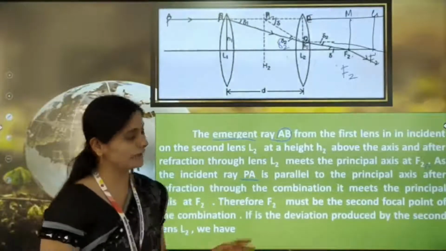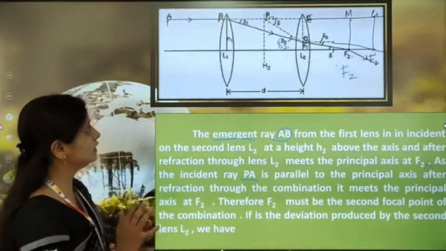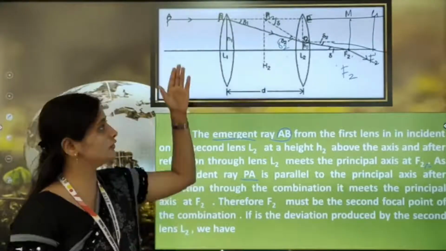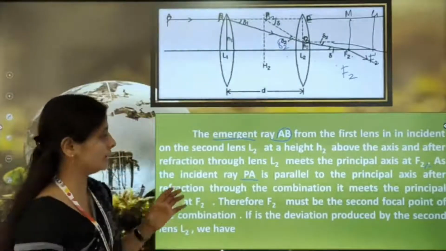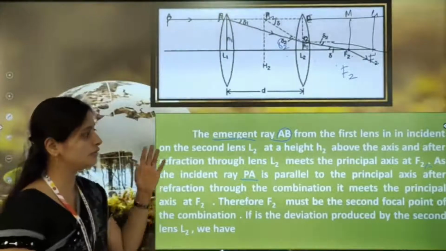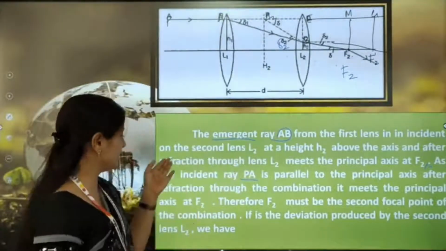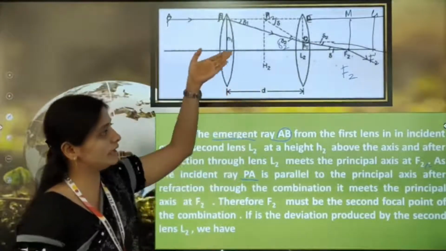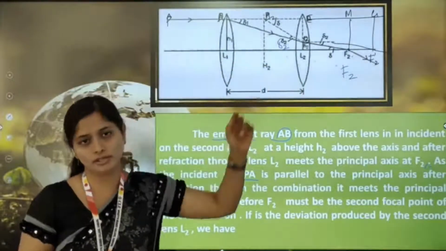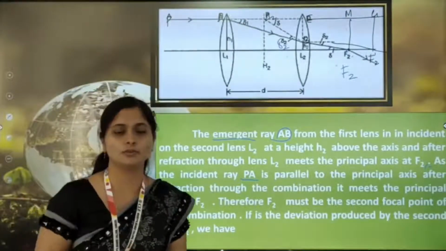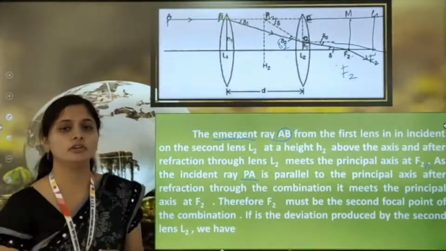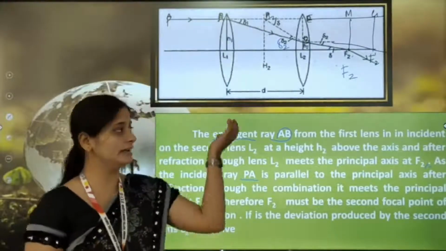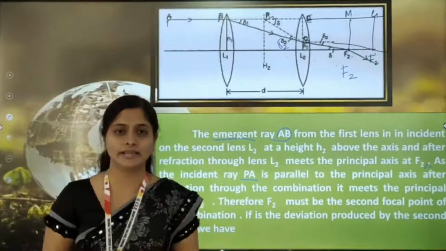So see here, in the second paragraph what do we have to explain? A to B, that is the emergent ray, which passes from the first to the second lens, having the height H2 from the axis, and refraction takes place at L2, which goes in the same direction and meets the point F2, the second focal point.